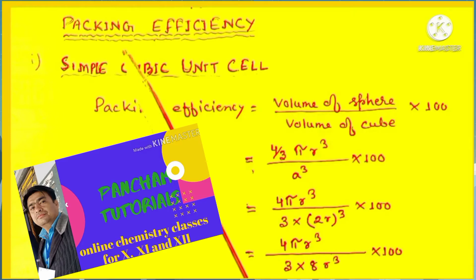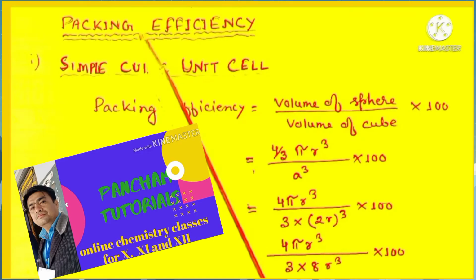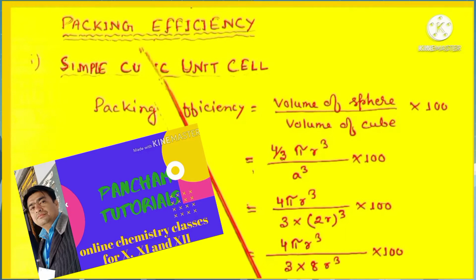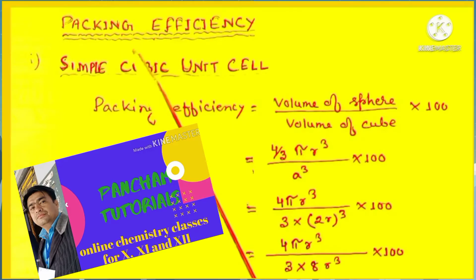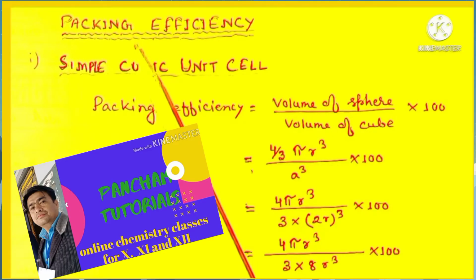So in these two cases, I would say in the second case packing efficiency is more, because more of the space of the crystal is occupied by the particles. Okay, so this is what is called packing efficiency. Sometimes we can express this in terms of packing fraction.